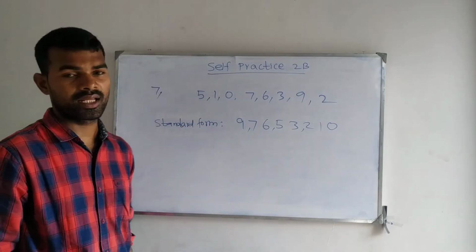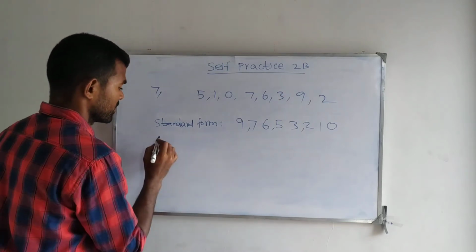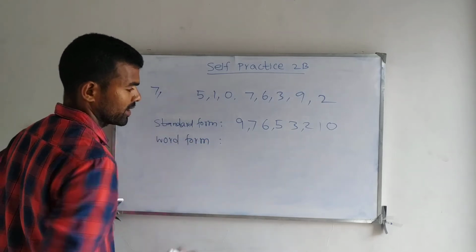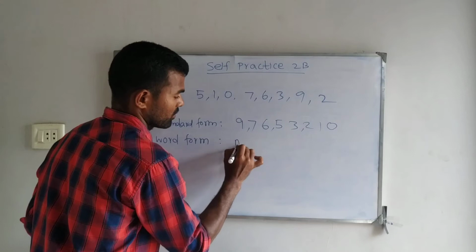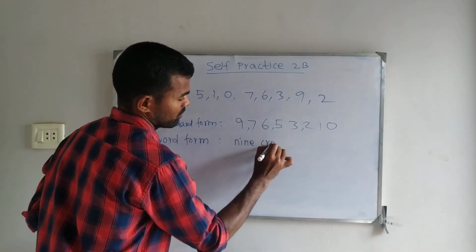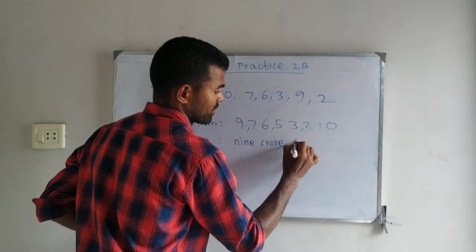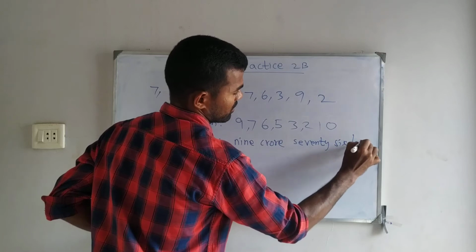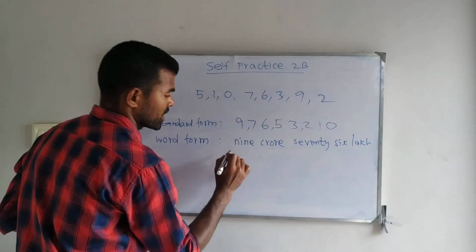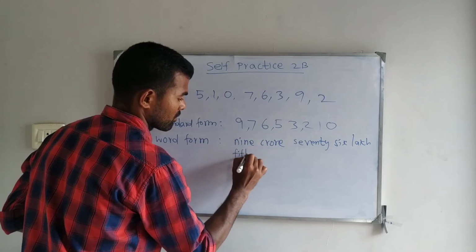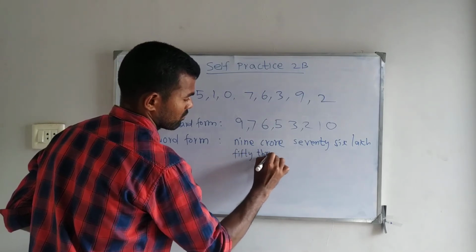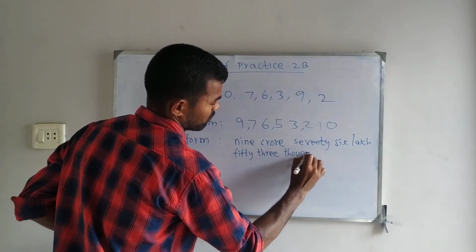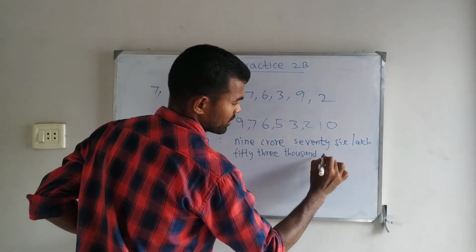And next they are telling us to write this number in word form. How will we write it in word form? 9 crore 76 lakh 53,000 210.